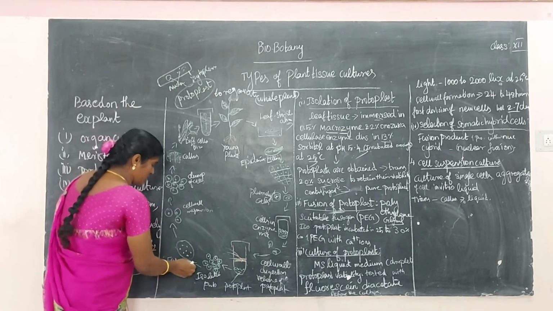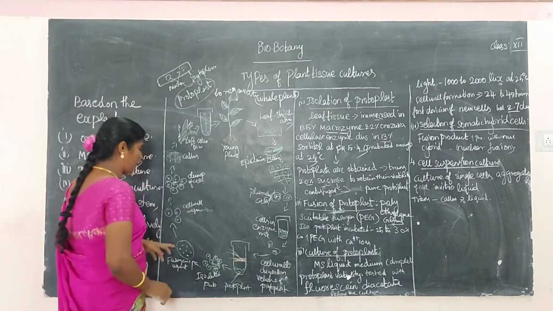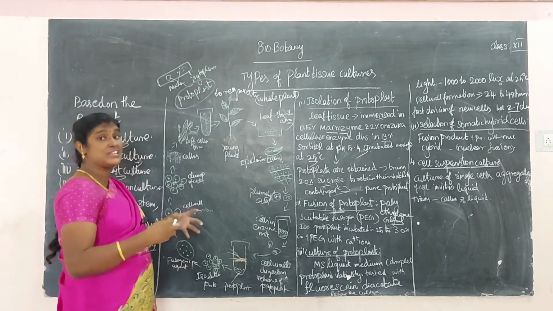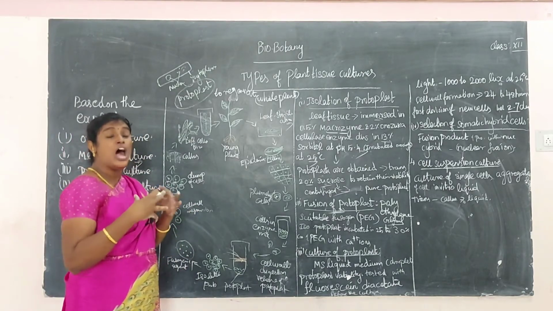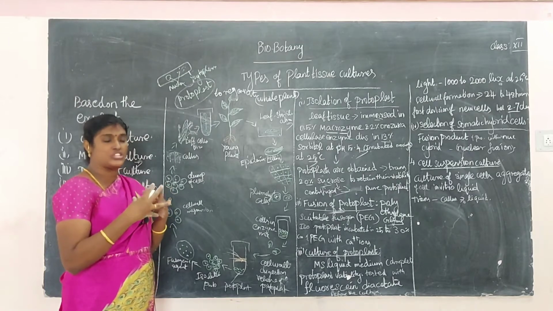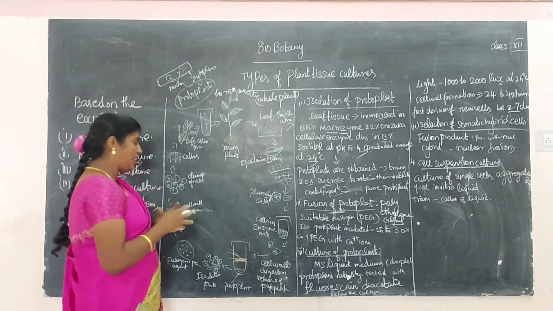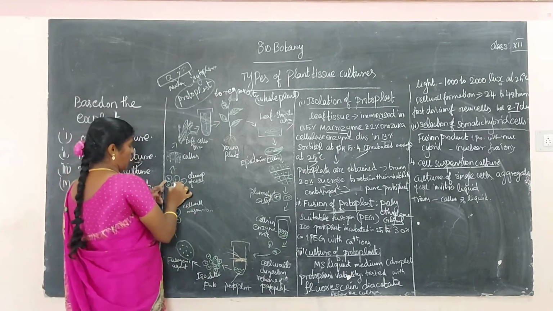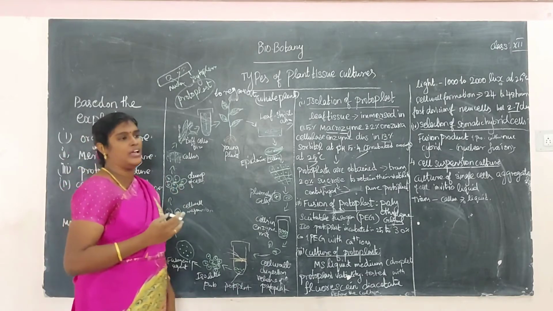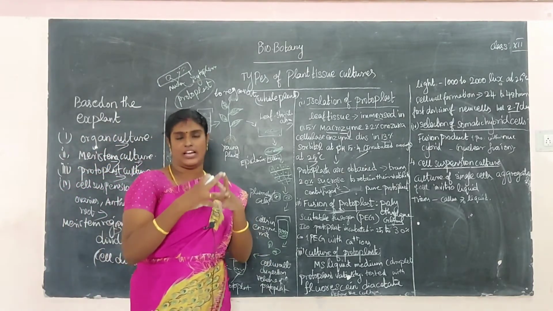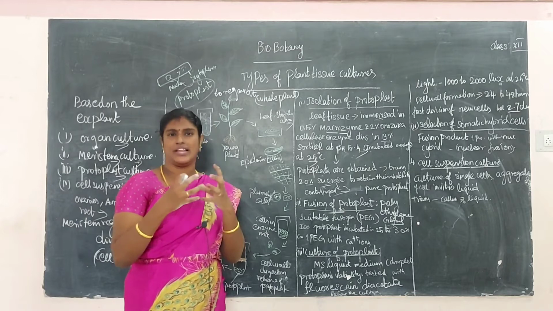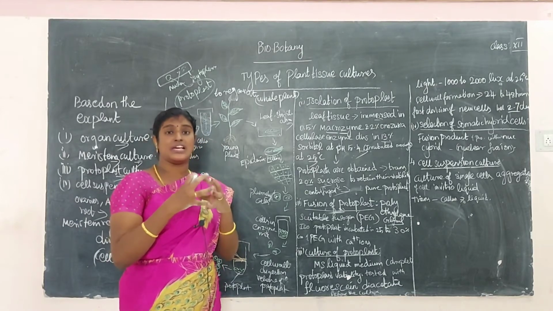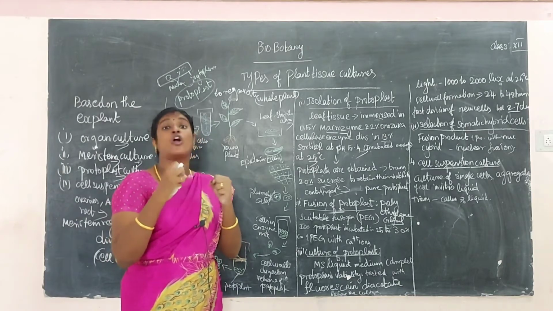When you add the fusogenic agent, what happens? All the cells are easily clumped. What is the meaning of clumping? Agglutination: clumping of cells, sticking one to another. For example, in blood groups we say agglutination. All the cells are compactly arranged; that is called agglutination.